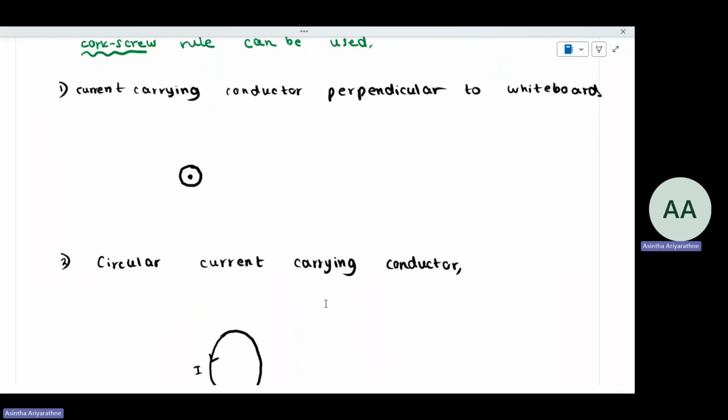Then the other four fingers represent the direction of the magnetic field. The four fingers would be directed towards the right, like this.